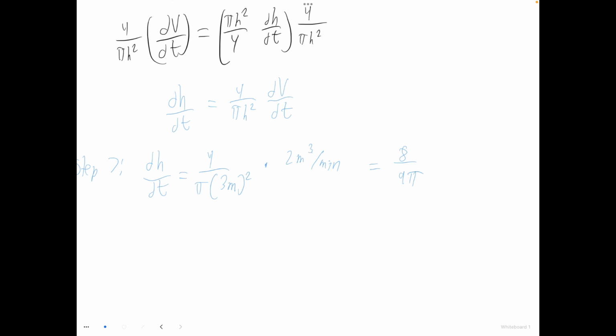And so this is going to be 8 over 9 pi meters per minute. And so the rate that the height is changing at is 8 over 9 pi meters per minute. We were able to compute this by using similar triangles to eliminate r in our equation.